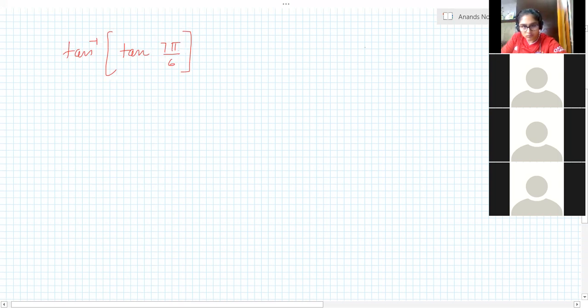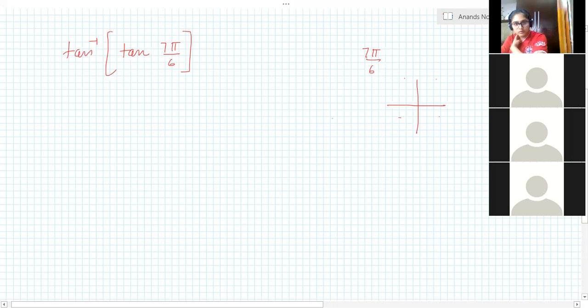Now, Shreya, 7 pi by 6, which quadrant is it going to lie in? First, second, third or fourth? 7 pi by 6 is greater than pi, no? So which quadrant will it lie in?